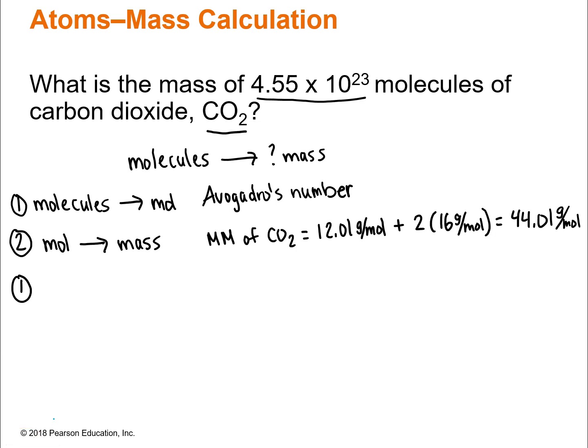So for our first unit factor, we're using Avogadro's number, and we're going to go from molecules to moles. So we're going to have moles on top and molecules on the bottom. Wherever the molecules or the atoms are, that's where you're putting Avogadro's number.